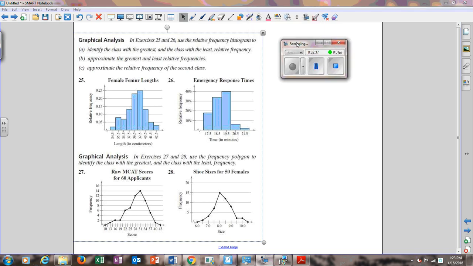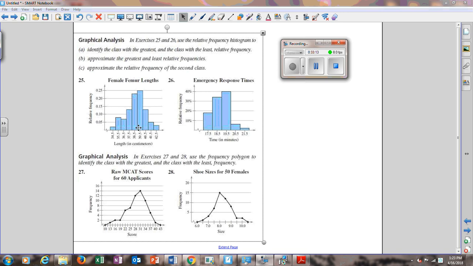Number 25. Identify the class with the greatest and the class with the least relative frequency. Okay, this is where it's open for a little bit of interpretation. Not as far as what the results are, but how you report the results. I will accept either way. The class with the greatest is literally just where it's at on the highest bar.